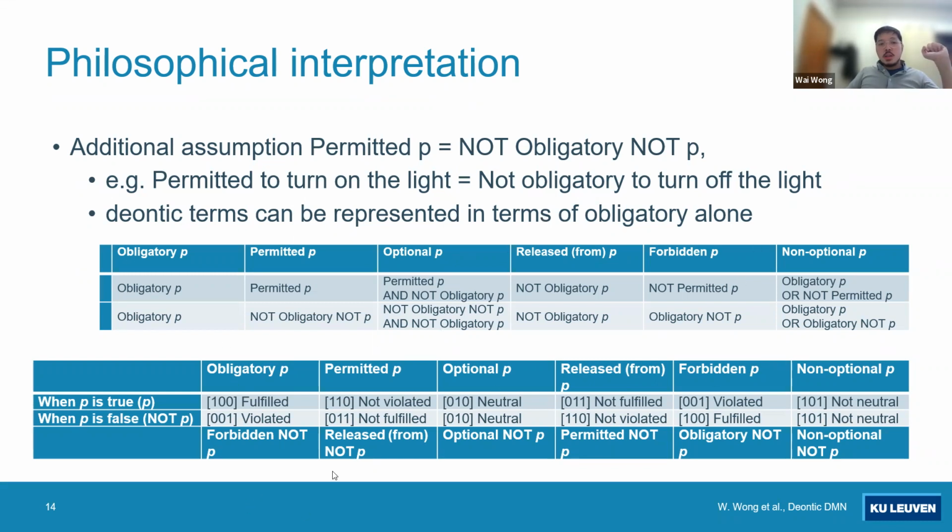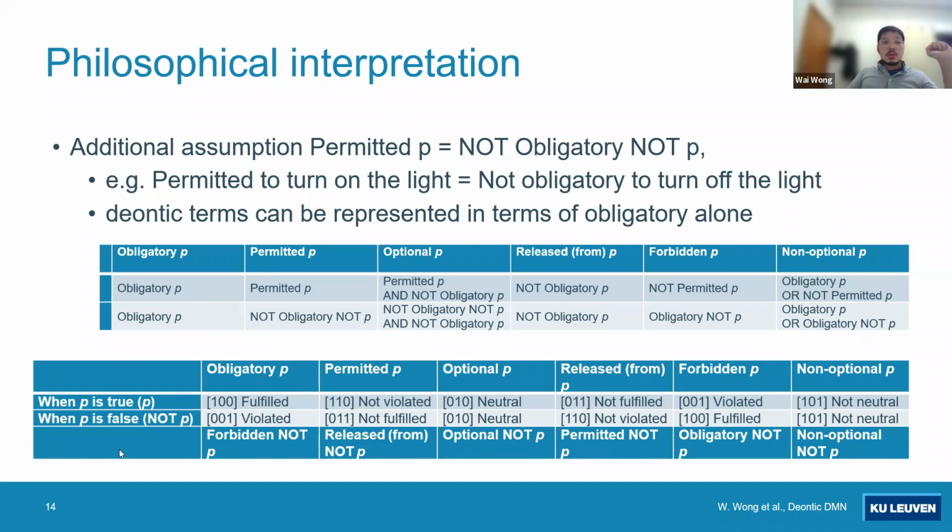And then, if you have an obligation to join the meeting and you ask, if I'm not joining the meeting, what's the status there? Because of this assumption, we can add a second rule that matches up with it.